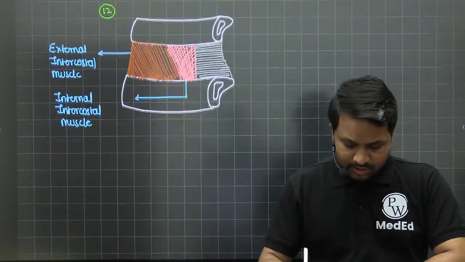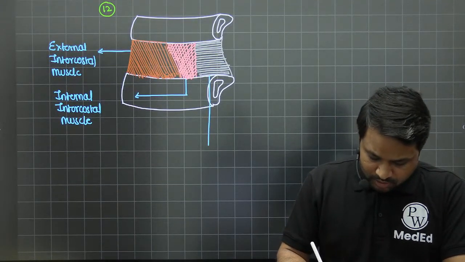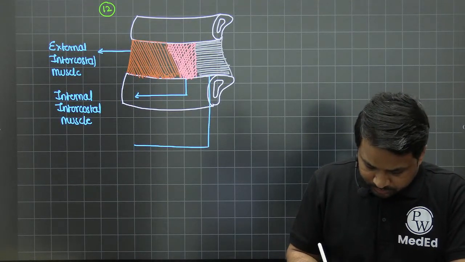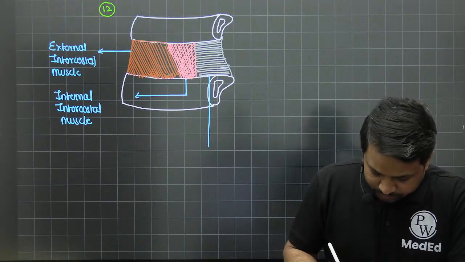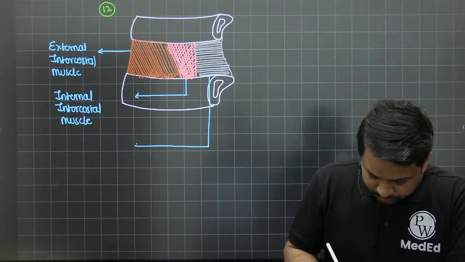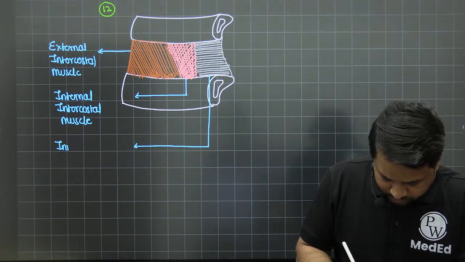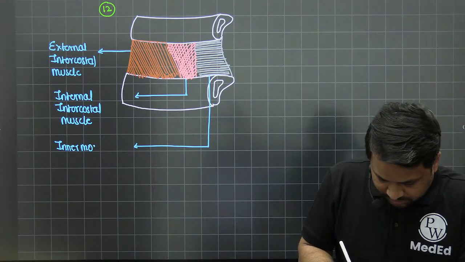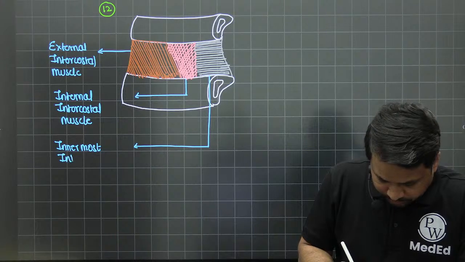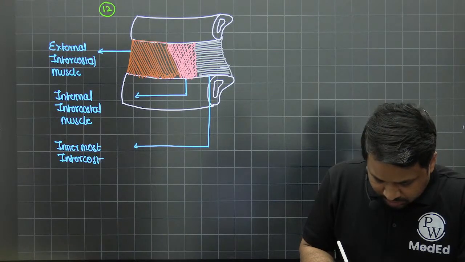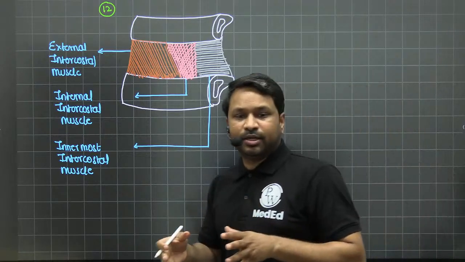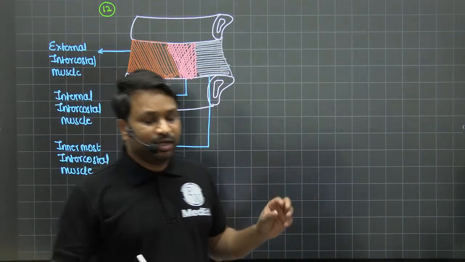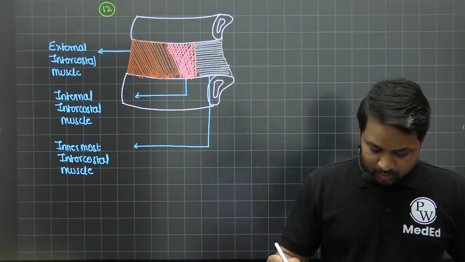And the last one that you have is the innermost intercostal muscle. So you have the external intercostal, the internal intercostal, and the innermost intercostal muscle, right?